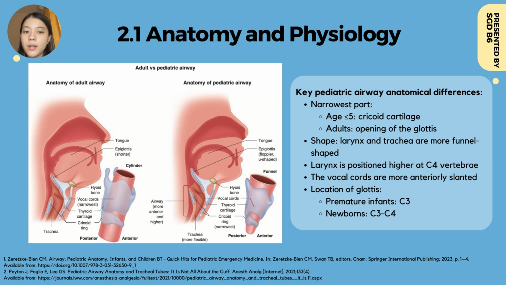The larynx and trachea in children are also more funnel shaped, and the larynx is positioned higher at the fourth cervical vertebra, and the vocal cords are more anteriorly slanted. The location of the glottis varies depending on developmental stage. For example, in premature infants it's at the third cervical vertebra, and in newborns it's at C3 to C4. These anatomical differences are vital in choosing the best airway management in the pediatric population.